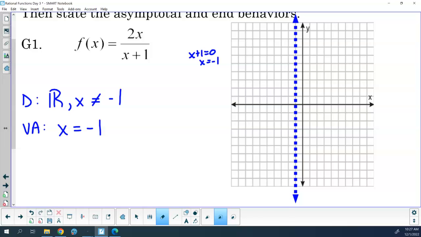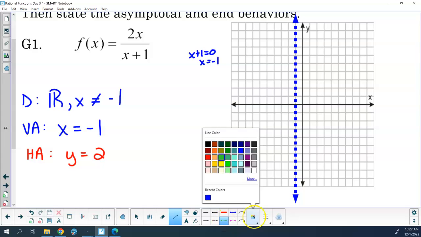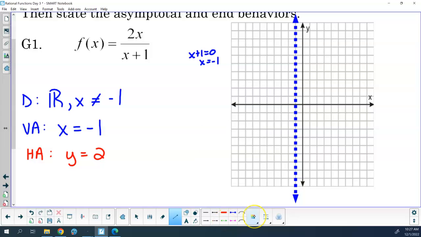So my horizontal asymptote is y equals 2. Again, that is a dashed line horizontally 2 up above the x-axis.